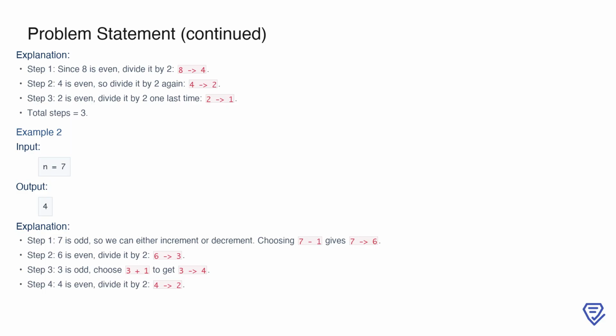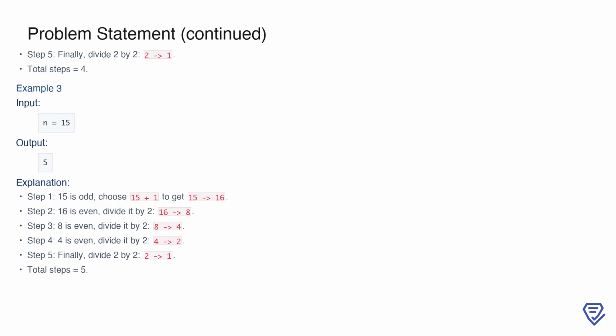Finally, 4 is even, so dividing it by 2 gives 4→2. One last division takes us to 2→1, making the total number of steps equal to 4. Let's analyze another example to further solidify the concept.